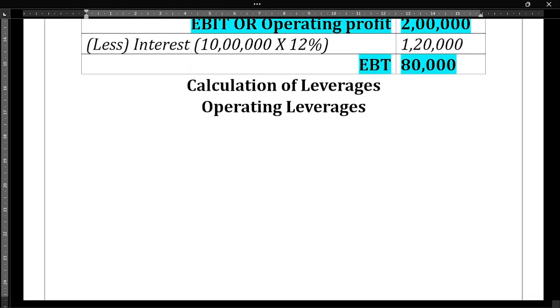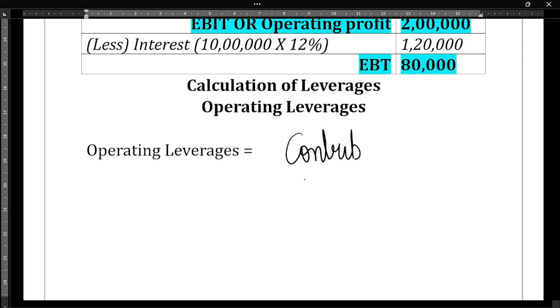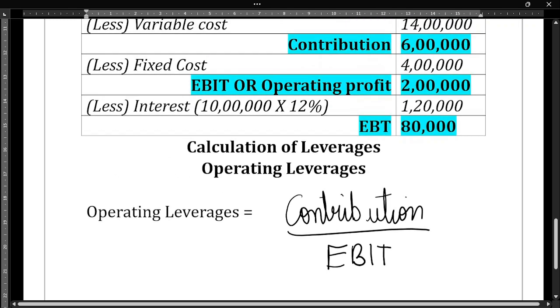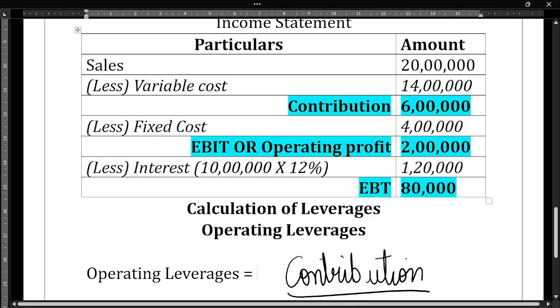What is the formula for calculating operating leverages? Operating leverages equals contribution divided by EBIT. This is the formula to find operating leverages. How much is the contribution?